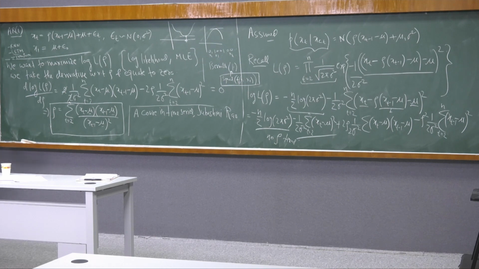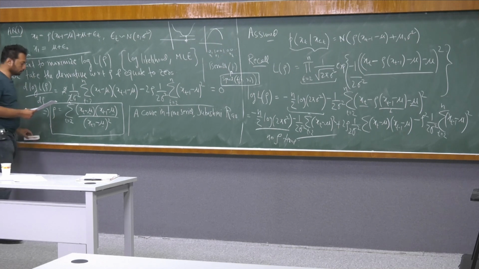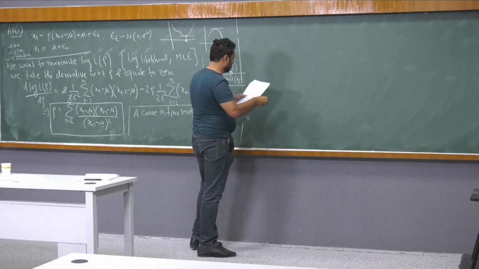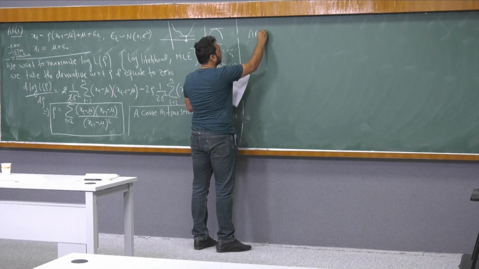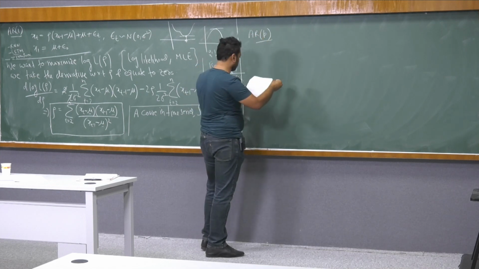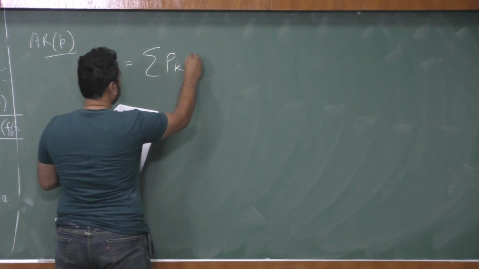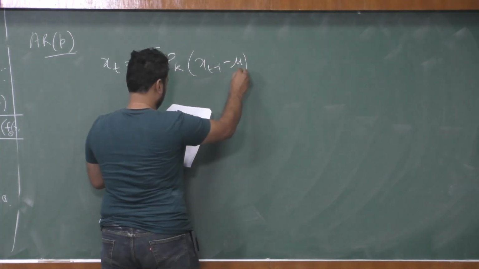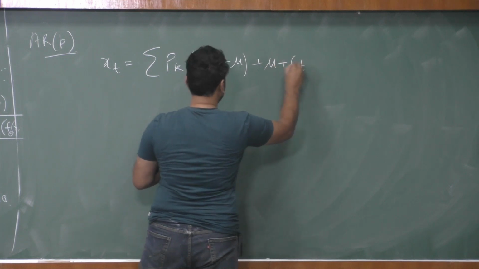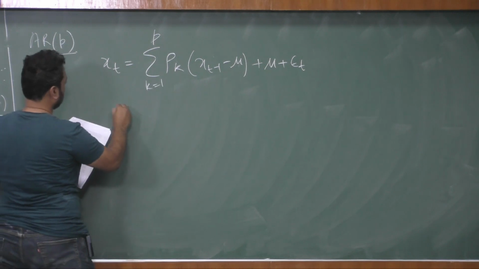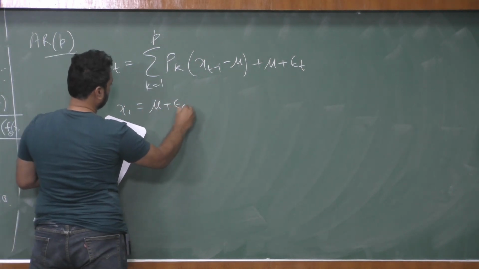So this is what we have. As I said, the AR process we have discussed is AR1. I can just define the ARp process without going into detail. It will be defined in a similar way, but the recursion will use the sum over k equals 1 to p of rho k times (xt minus 1 minus mu), plus mu plus epsilon t, and x1 is mu plus epsilon naught.